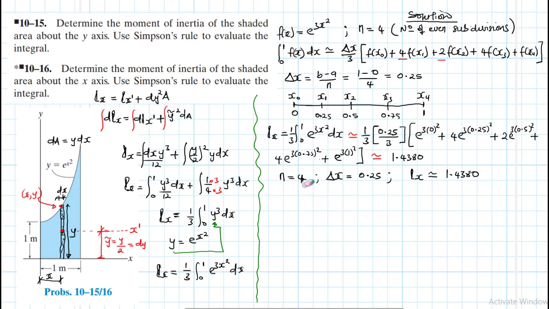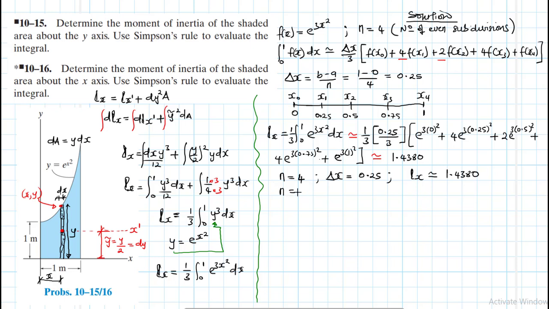Then I went further and changed the value of n. When we increase the value of n, we increase the accuracy. I know this is cumbersome, and if you had a problem like this, your professor will specify the method and the number of subdivisions, because the higher the value of n, the more tedious it is.